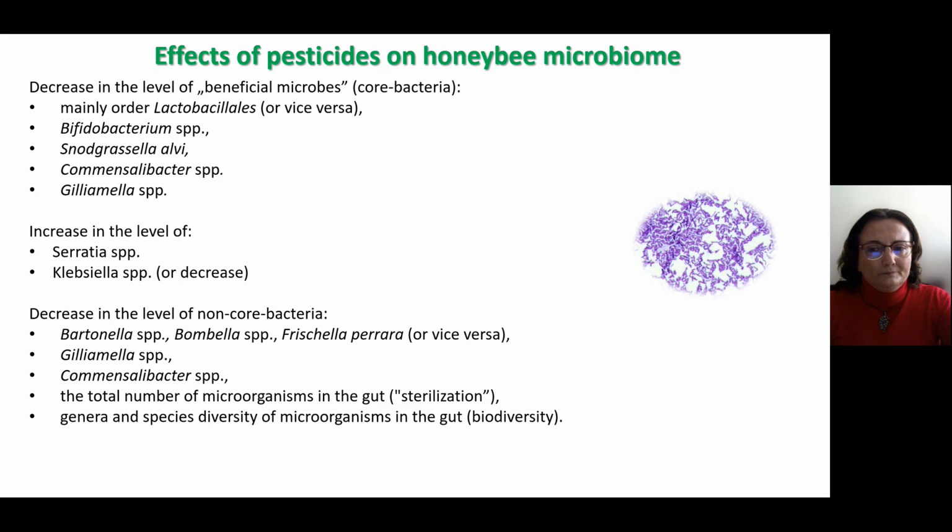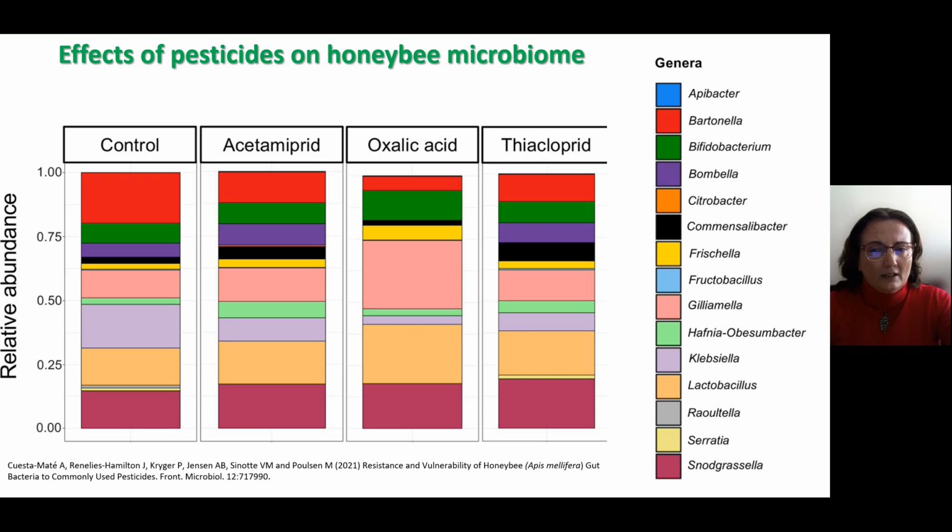They can also lower the level of other core bacteria, such as Bifidobacterium species, Snodgrassella alvi, and Bartonella species. They can also increase the amount of opportunistic pathogens, such as Serratia and Klebsiella species.